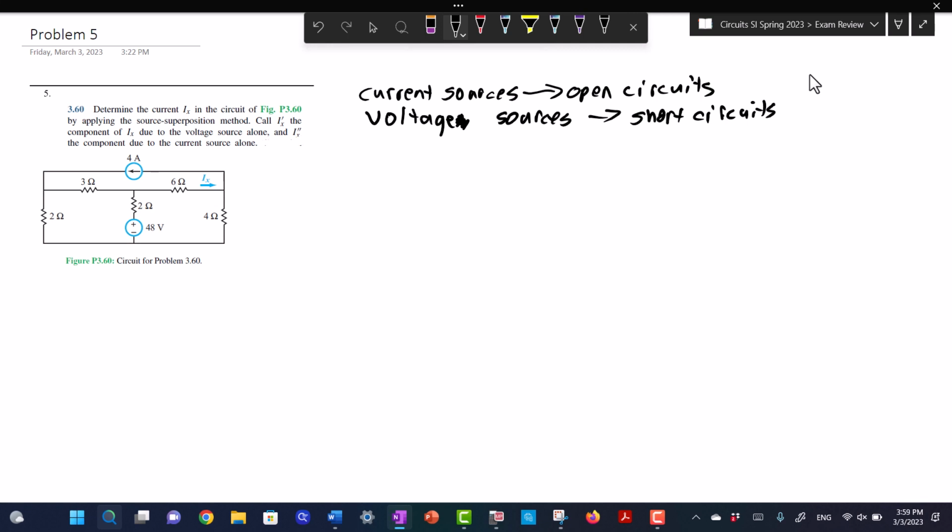I do this to the other sources. So I'm going to start by finding just the voltage. I'm going to call it Ix prime, and that's going to be from just the voltage source, so from voltage source alone. And when I do that, I redraw it, turning the current source into an open circuit.